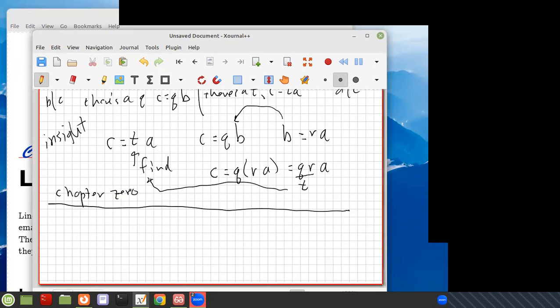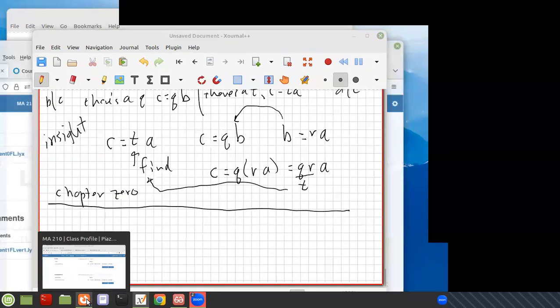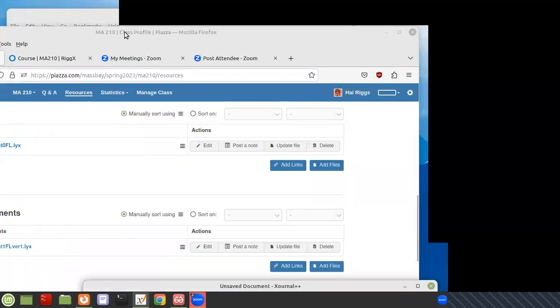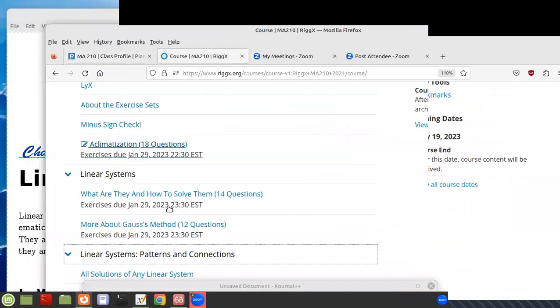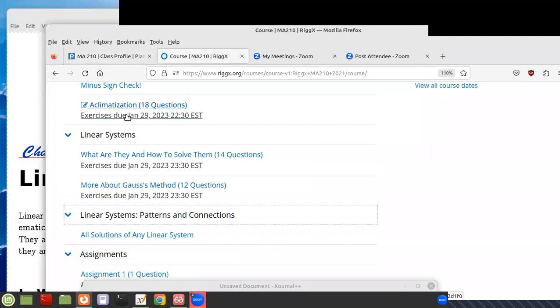Now, the acclimatization problems on Big X are due this coming Sunday night, and they involve a lot of the chapter 0 stuff that we've gone over already. So what you want to do is look over those and make sure that you attempt answers, and then if you're unsure about it, ask me in class on Thursday or later today or in office hours.